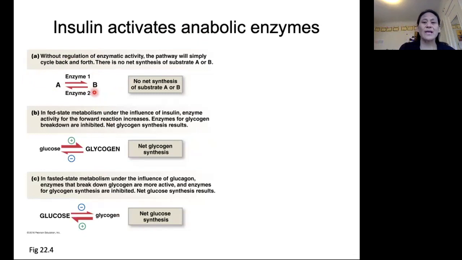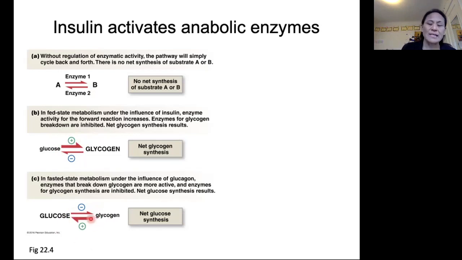If you are interested in promoting a particular pathway or the formation of a particular product, such as glycogen, what you can do is activate or upregulate the enzymes that are going to be catalyzing that reaction. Okay, so that's what's shown here. Likewise, if you want to favor the formation of the precursor molecule, if you want to go backwards, then you can upregulate the activity of the enzyme that is going to be catalyzing the backwards reaction, either by upregulating the expression or modifying that enzyme in some way to make it more active.